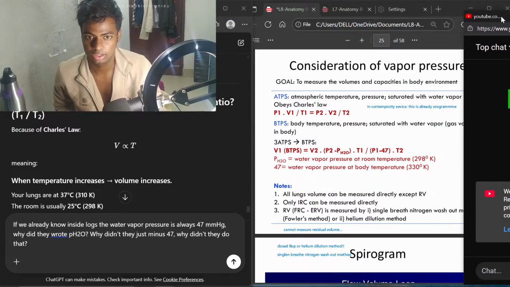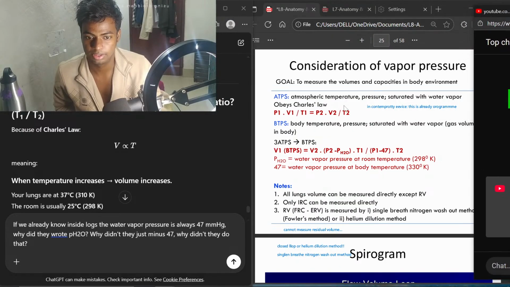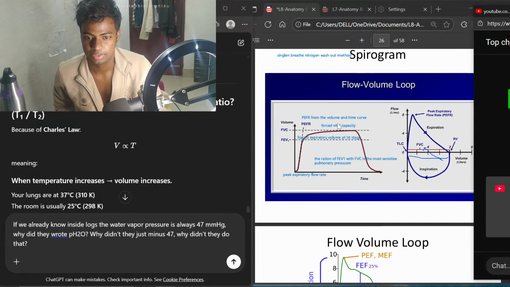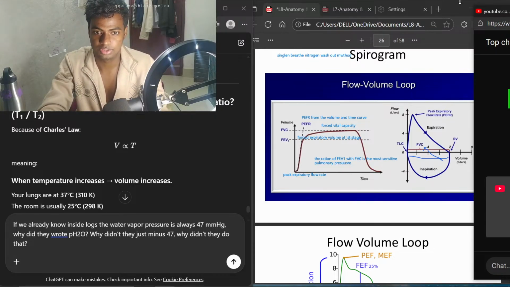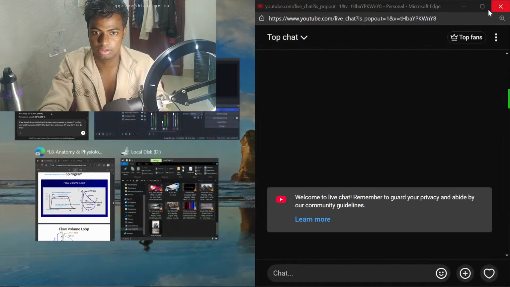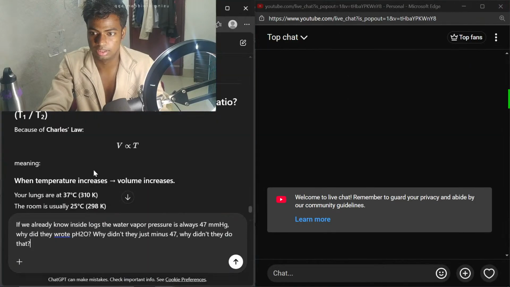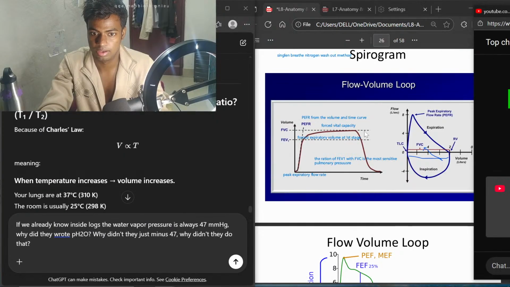Keeping this is causing a bit of a problem, but we'll face it guys. So this is what a spirogram looks like. Okay, first of all, this just looks sad, but it's not that hard. So what will we do?